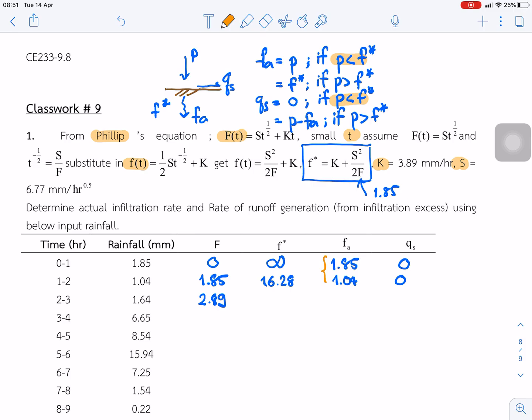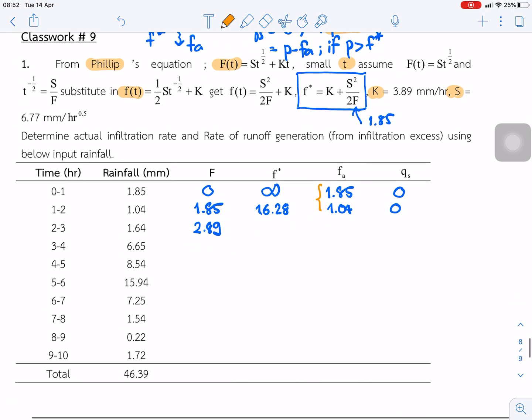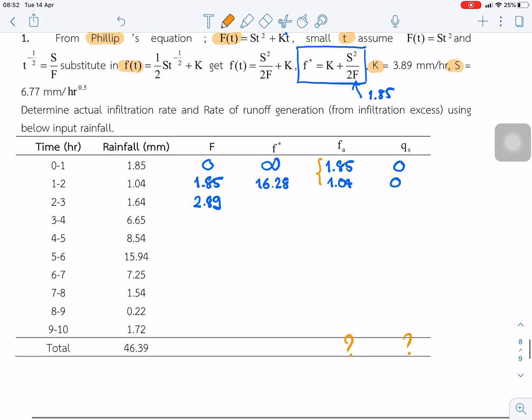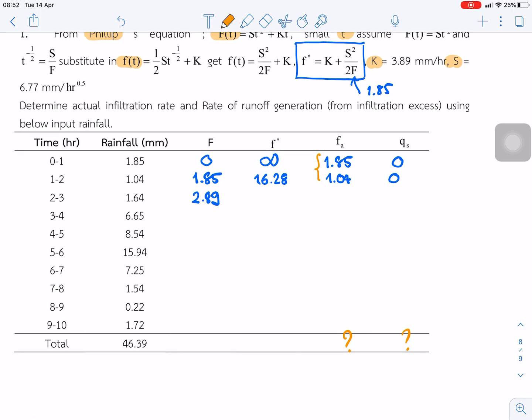Finally, we want to know how much is the infiltration excess and how much is FA. At this point, the rainfall should be equal to the summation of FA plus the summation of QS, in terms of water balance.